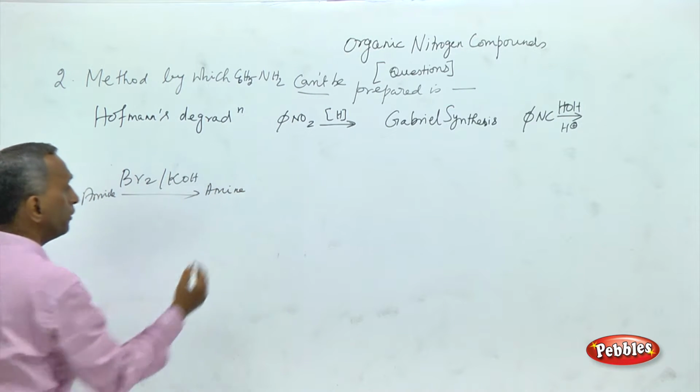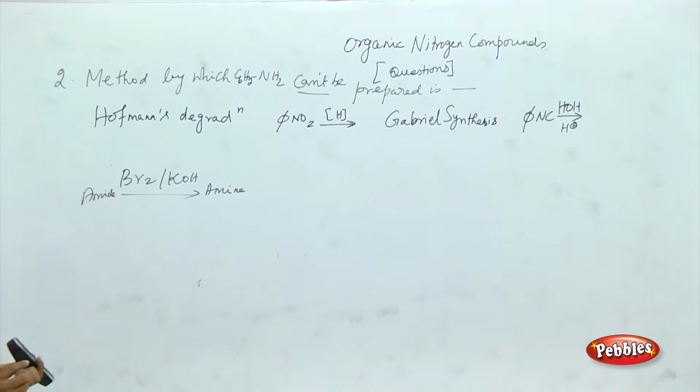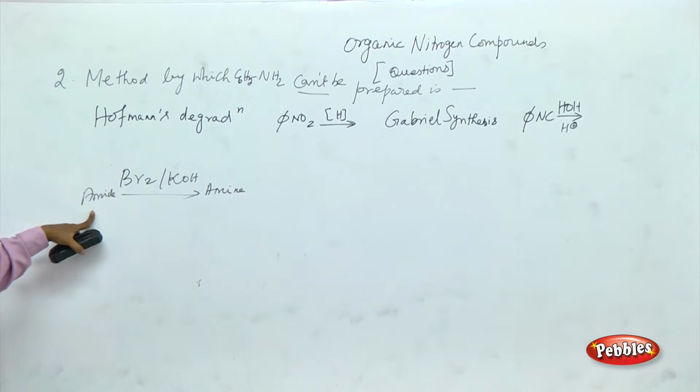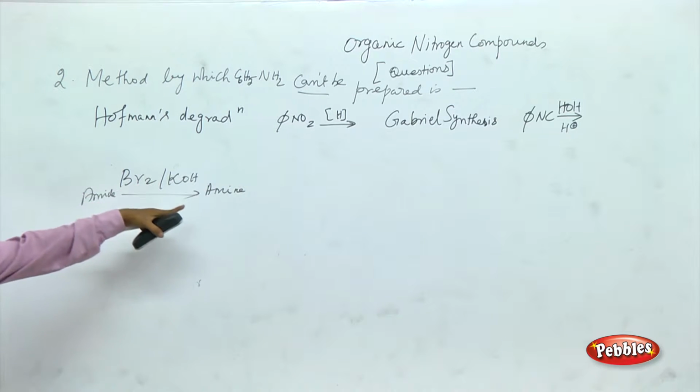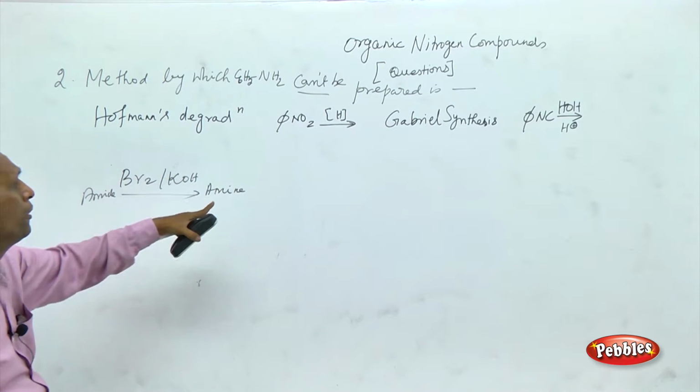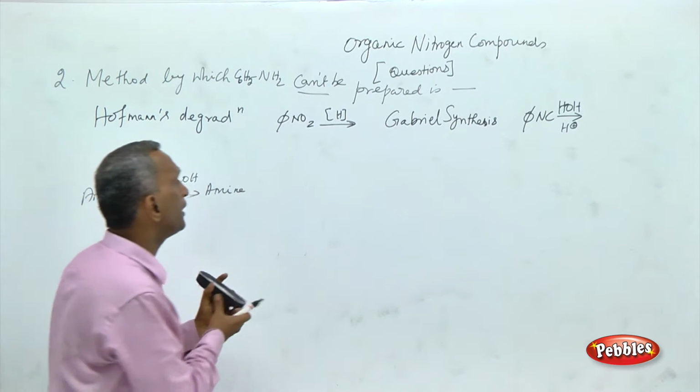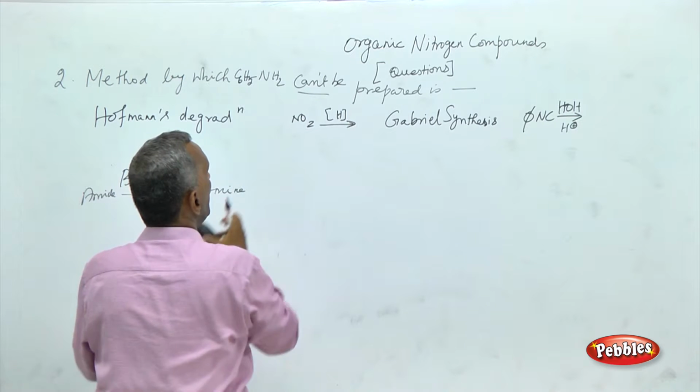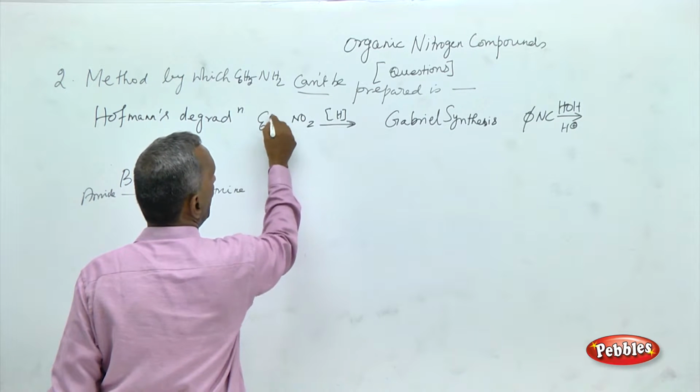So an amine with one less carbon atom can be prepared. We have seen the equation: acetamide on reaction with bromine and KOH forms methylamine. So this is possible.